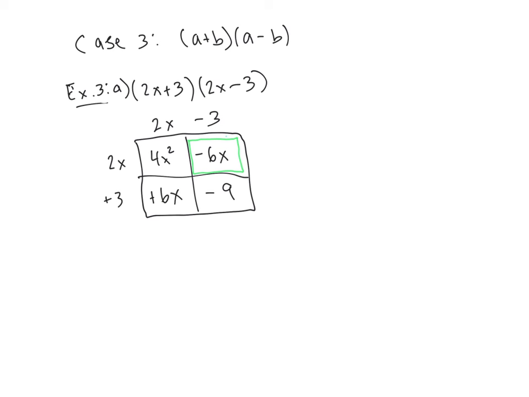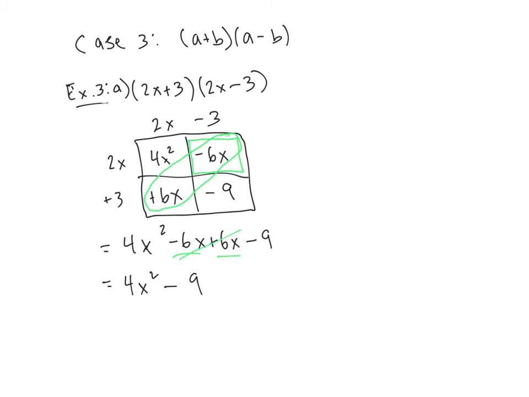Now, interestingly, what you're going to notice in this case is you're going to end up with that diagonal canceling, because a plus 6x and a minus 6x, that's going to add to 0, right? So when I go to add up my boxes in this case 3, that diagonal is going to end up canceling out. So minus 6x plus 6x is going to add to 0x, or we consider that canceling. And I'm left with just 4x squared minus 9, because I don't have any x's left.